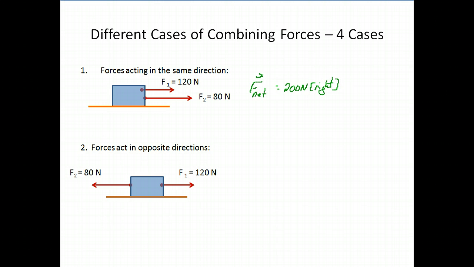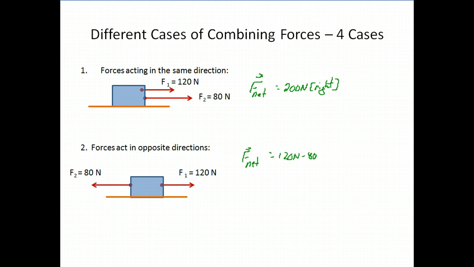Next, forces could act in the opposite direction. So force 1 is pulling at 120 newtons, and then we have a force resisting that motion at 80 newtons. So our net force is 120 newtons.